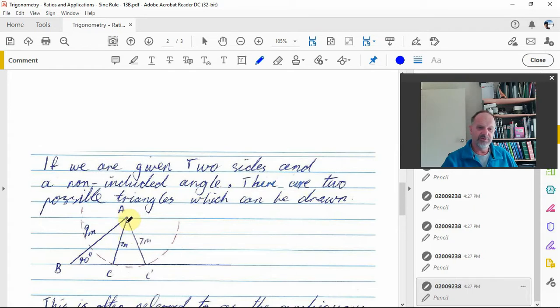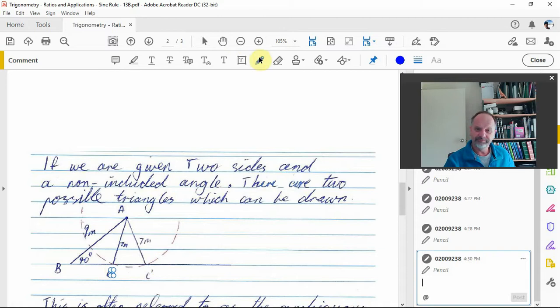So if I was to draw a circle of radius 7, you'll notice that it intersects this line going out from B in 2 places. Here, this one I've called C.